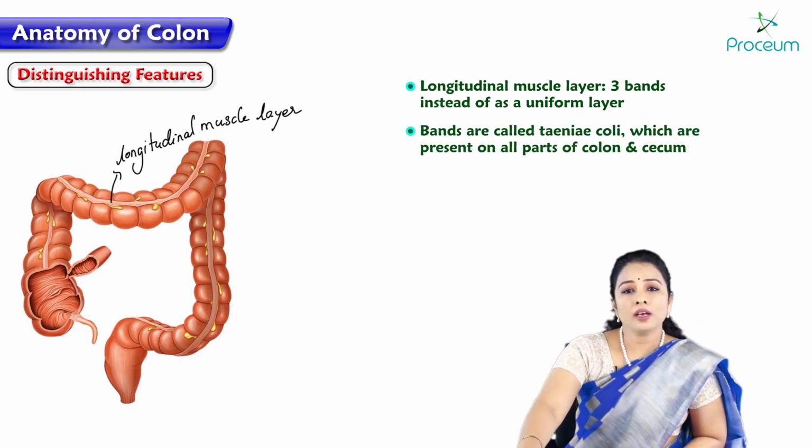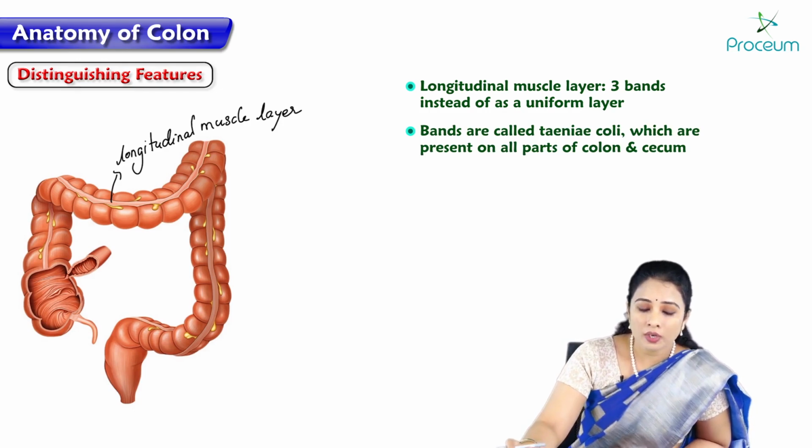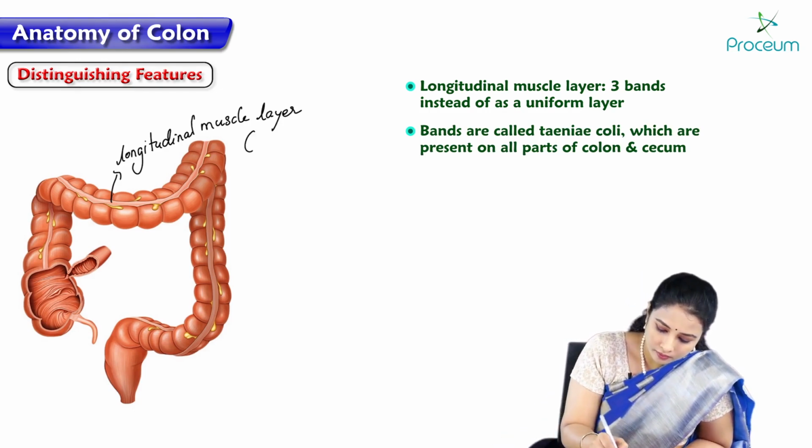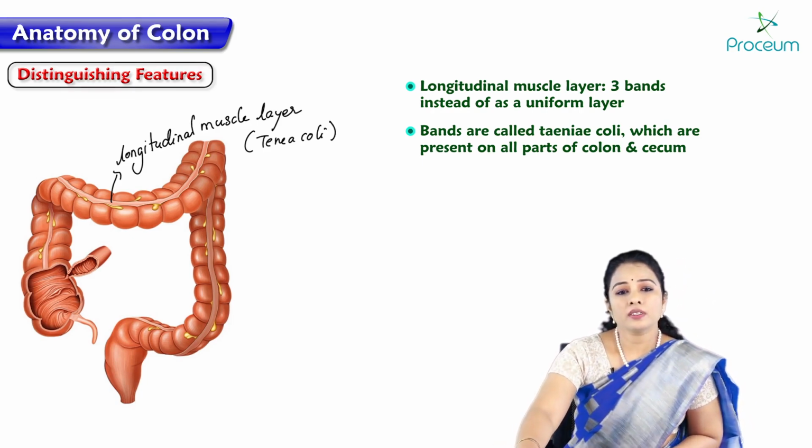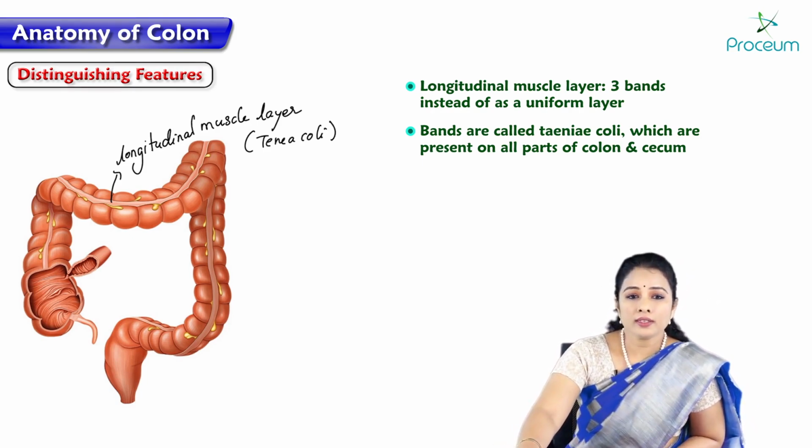The bands are called taeniae coli, which are present on all parts of the colon and cecum.